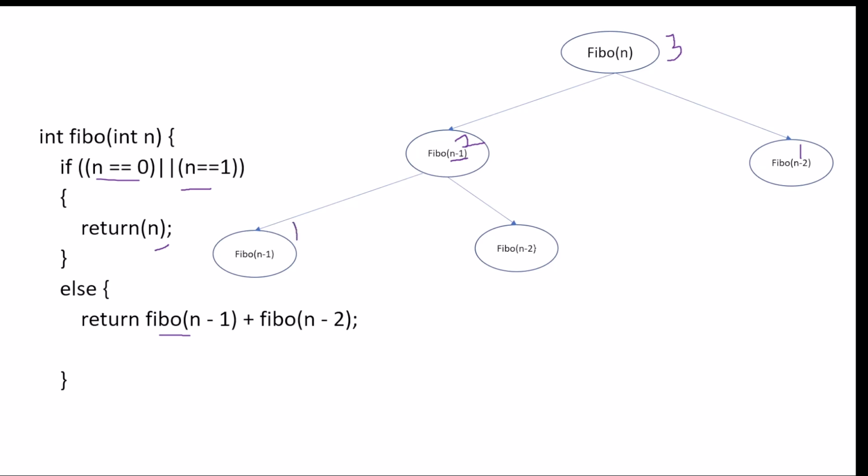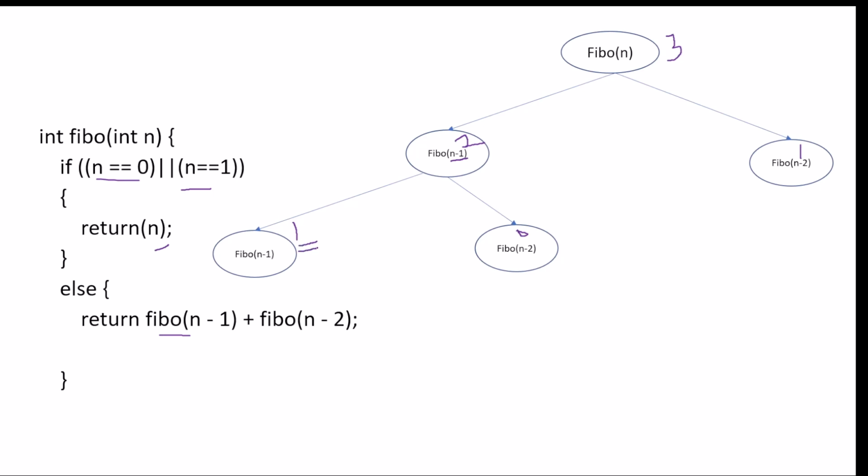Here Fibonacci of 0: if it calls with n minus 2, the value will be 0. So 0 returns the n value, and it returns the value 1 to the function.